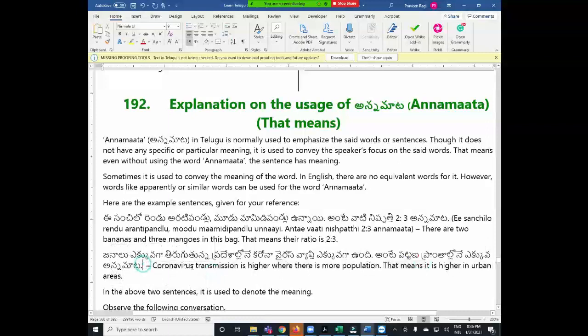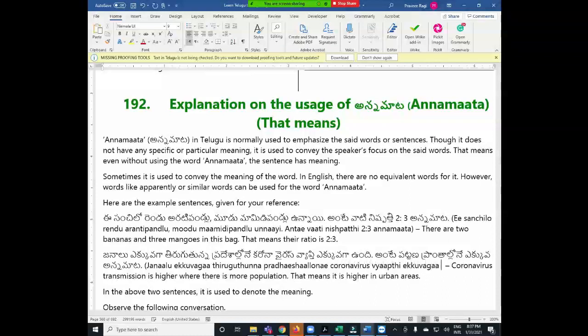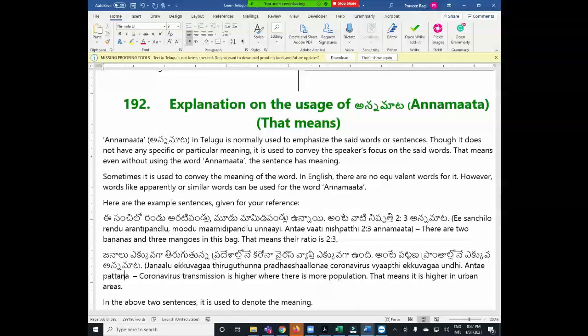Let me transliterate this one into Telugu, so you will understand. జనాలు ఎక్కువగా తిరుగుతున్న ప్రదేశాల్లోనే కరోనా వైరస్ వ్యాప్తి ఎక్కువగా ఉంది. అంటే పట్టణ ప్రాంతాల్లోనే ఎక్కువ అన్నమాట.